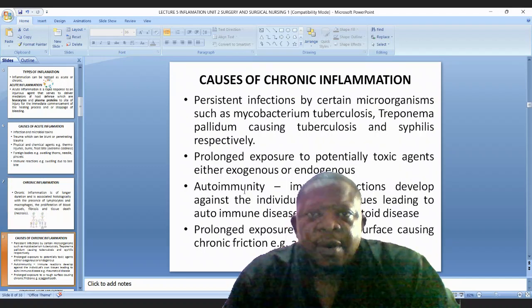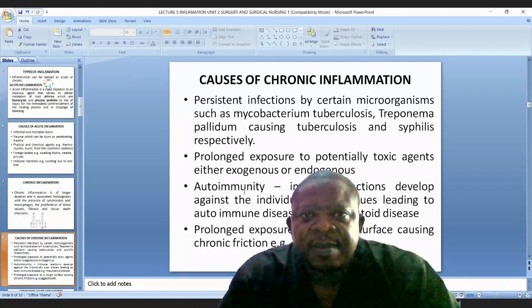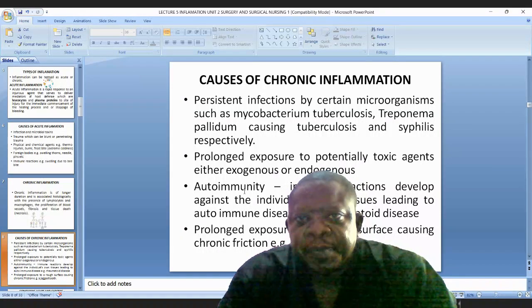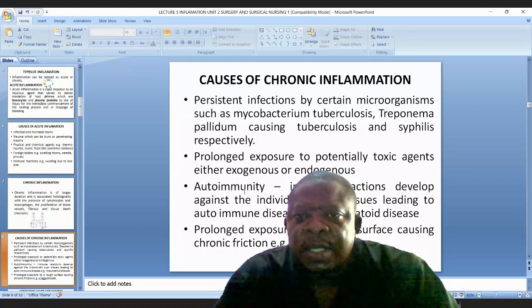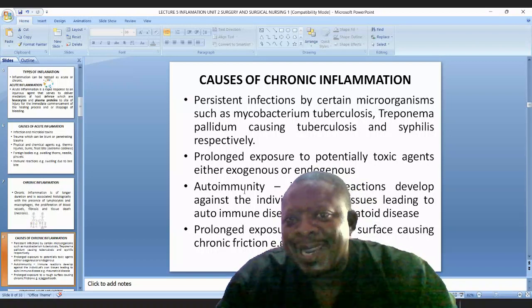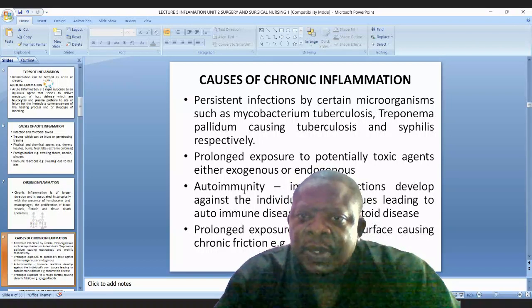Okay, other causes can be persistent infection by certain microorganisms such as Mycobacterium tuberculosis, Treponema pallidum. So TB bacteria may cause inflammation within the lungs, causing tuberculosis. So Mycobacterium tuberculosis will cause that.